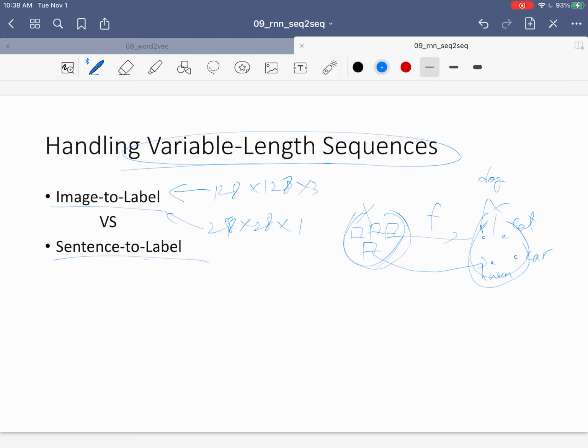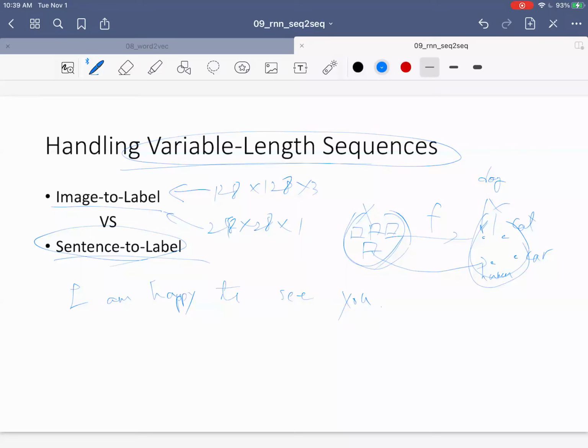But if you think about sentence to label, for example sentiment classification, we have a sentence like "I am happy to see you," and we want to classify whether it's a positive or a negative sentence.